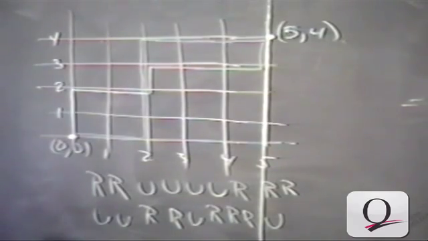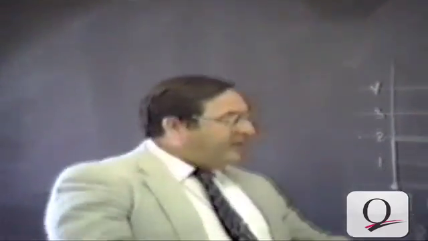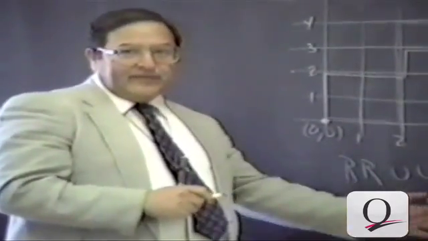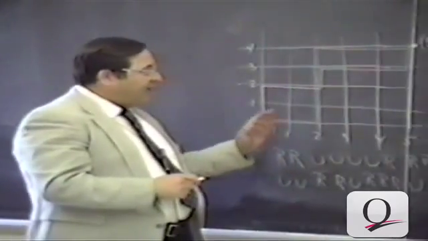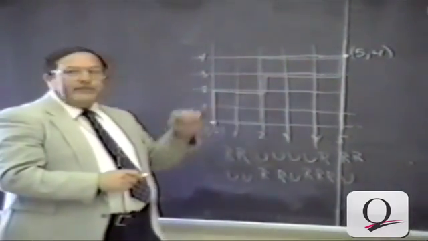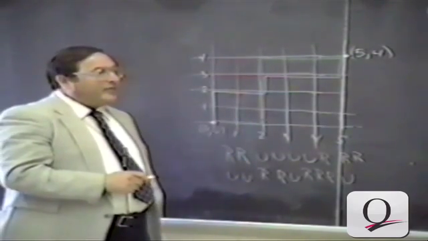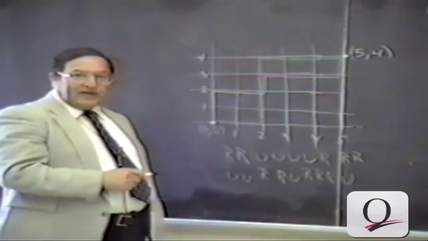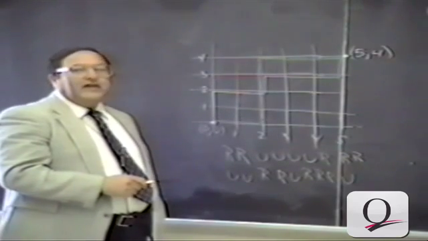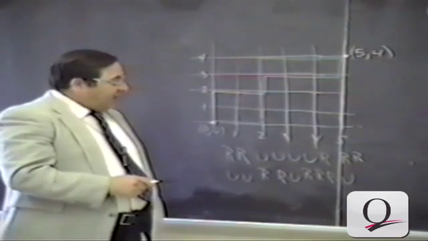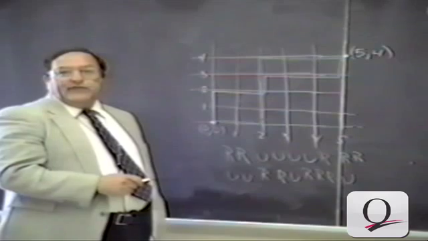Now, how many ways are there to do this? Well, whatever way I choose, I must have these 9 letters there. That is, I must walk to the right 5 blocks and up 4 in some permutation. So that's just what we've been discussing. That's the formula. I have 9 objects, in this case 9 directions, if you will. 5 of them are R's and 4 of them are U's.